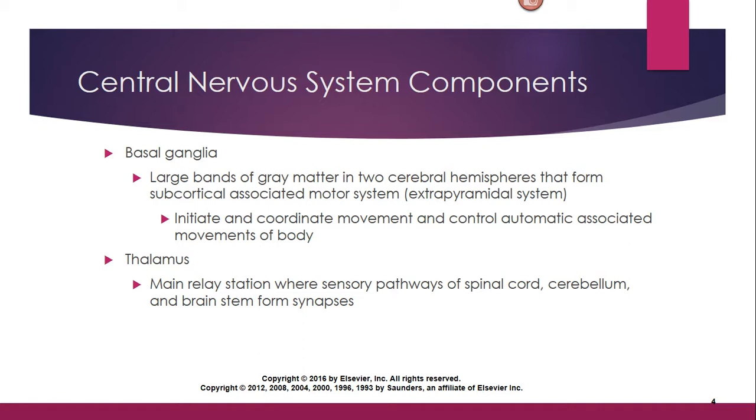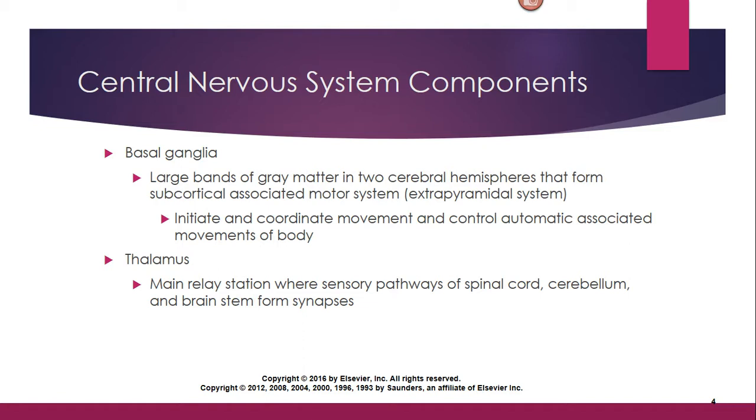Okay, so let's talk about the components of our central nervous system, our brain. We have the basal ganglia, which are large bands of gray matter, like I said, two cerebral hemispheres that form this subcortical associated motor system, which initiate and coordinate movement and control automatic movements of our bodies.